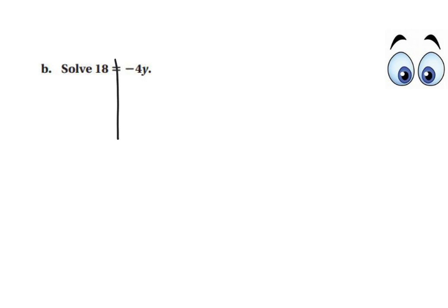Here we have negative 4 times y, so we'll divide by negative 4. Divide by negative 4 on both sides. On the left side, negative 4 divided by negative 4 cancels out. It's equal to 1. So we have 1y or y. And on the right side, we have 18 divided by negative 4.